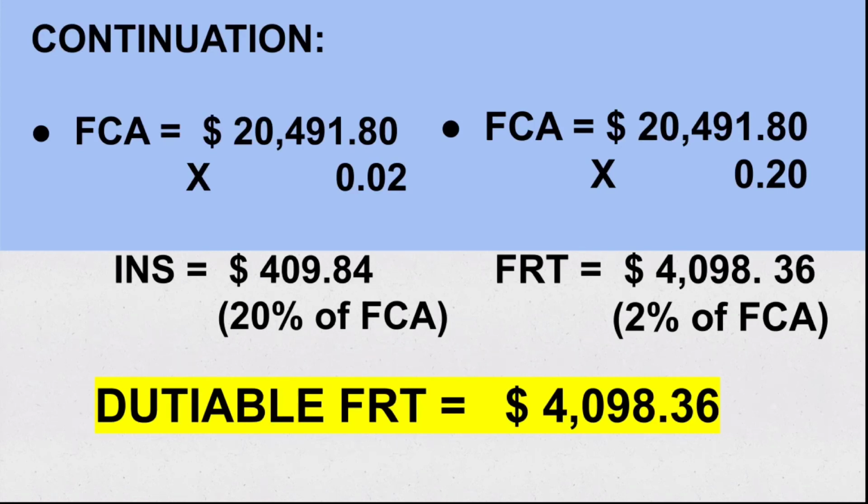So, on the other side, for the FCA, we have $20,491.80, multiplied by 0.20 or 20% of the FCA, we have the freight of $4,098.36. So, since what we are looking for is dutiable freight, we have $4,098.36. So, that's our final answer of this problem.